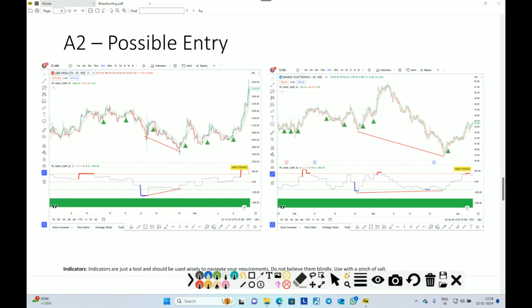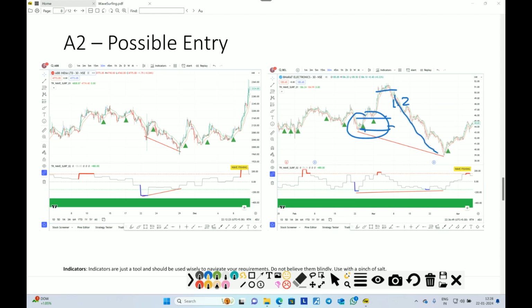So another example. This is our A1 entry, but it failed terribly, and then the A2 entry. The indicator makes a higher low, and the price makes a lower low. So this is your entry, and this is your stop loss. You already got 1:3. Same again with another example. This is our A1 entry, and 1:2 achieved here.